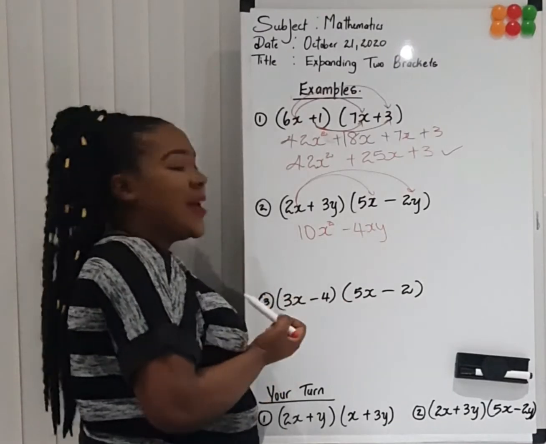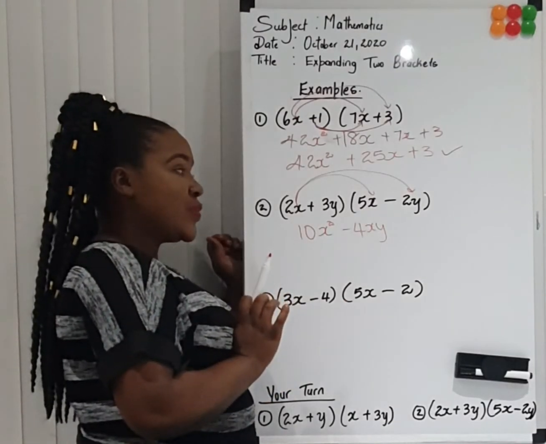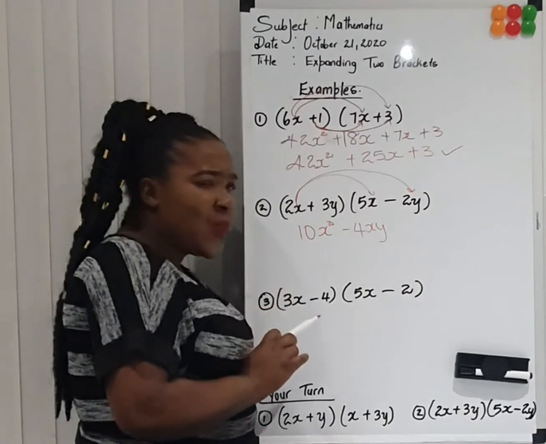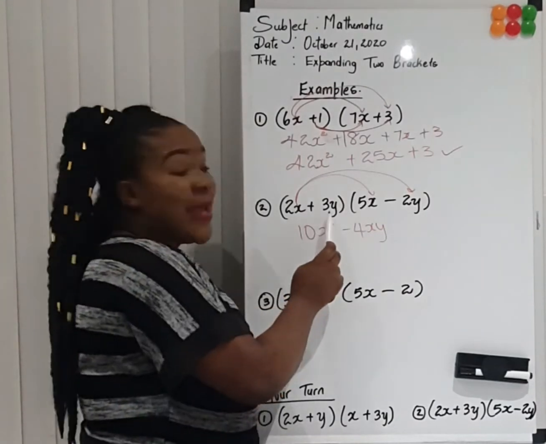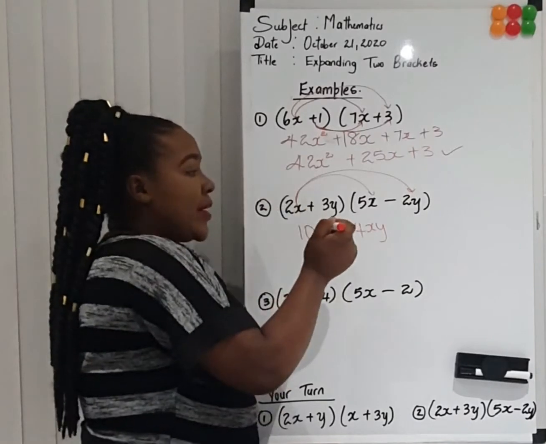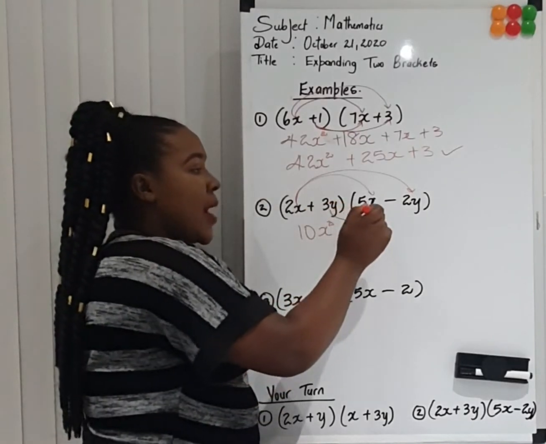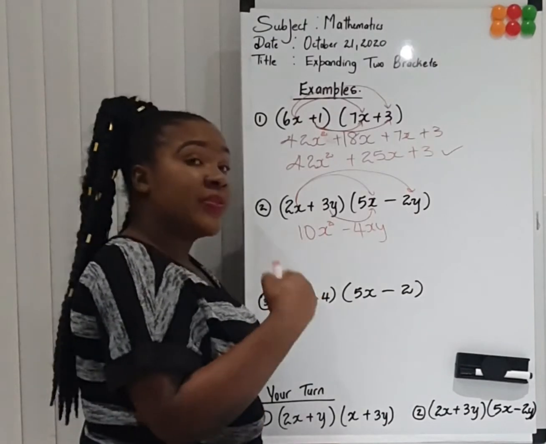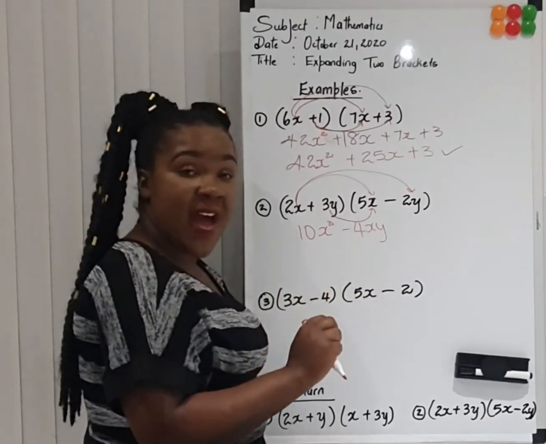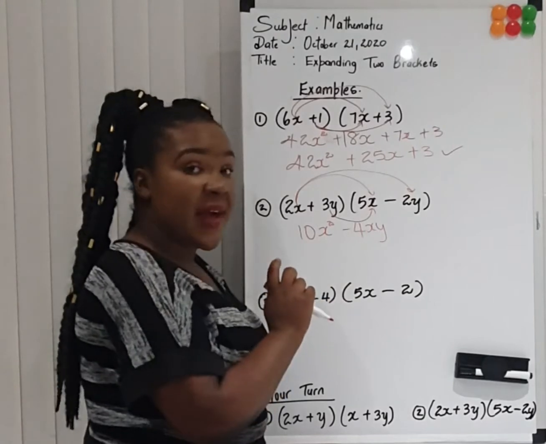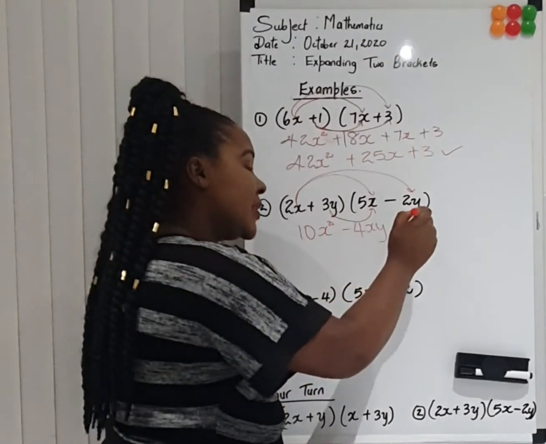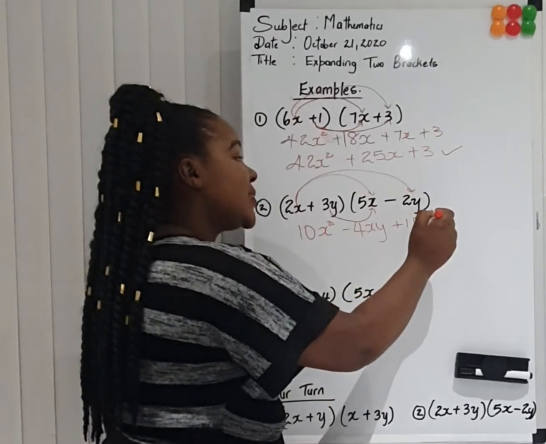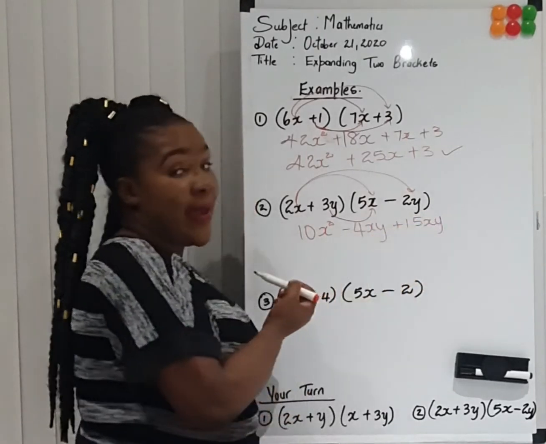Alright? Now that we're finished with the 2x, we're going to go to the next term in that bracket. And what's that next term? Oh, it's 3y. So we're going to say 3y times 5x. 3 times 5 is 15, and y times x is xy or yx.